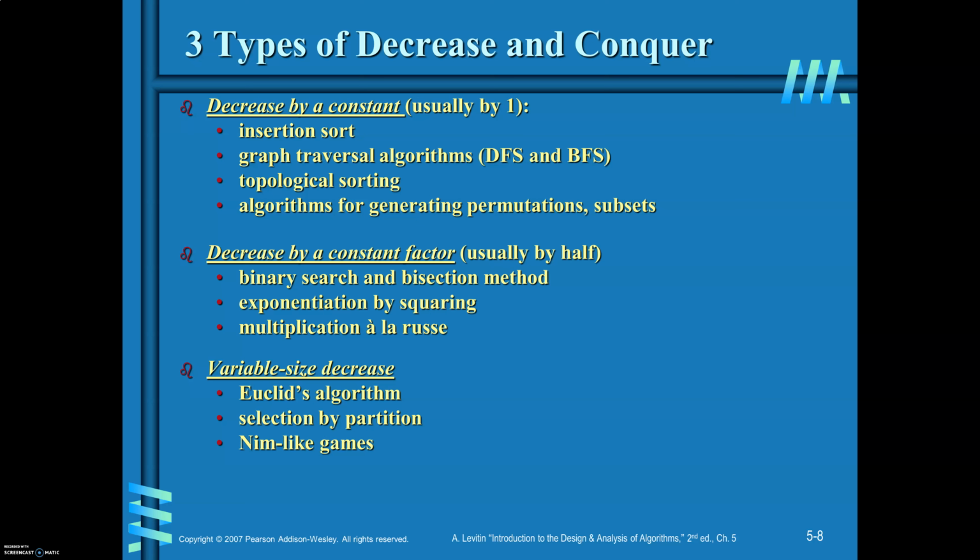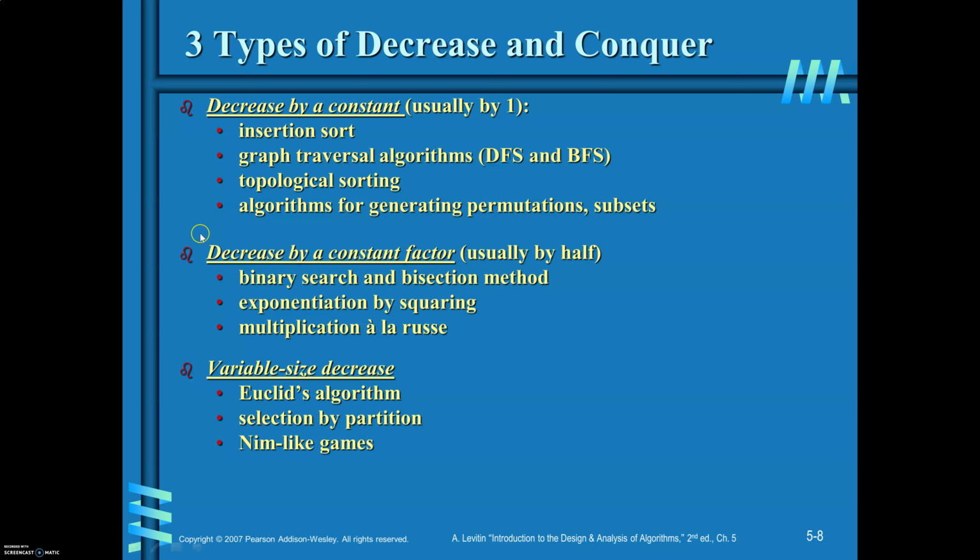So let me summarize what we have discussed in decrease and conquer. As I told you, in decrease and conquer there are two stages. The first stage is to decrease the problem size, and then the conquer stage, that is to find the solution for the original problem. This problem reduction can be done in three ways.